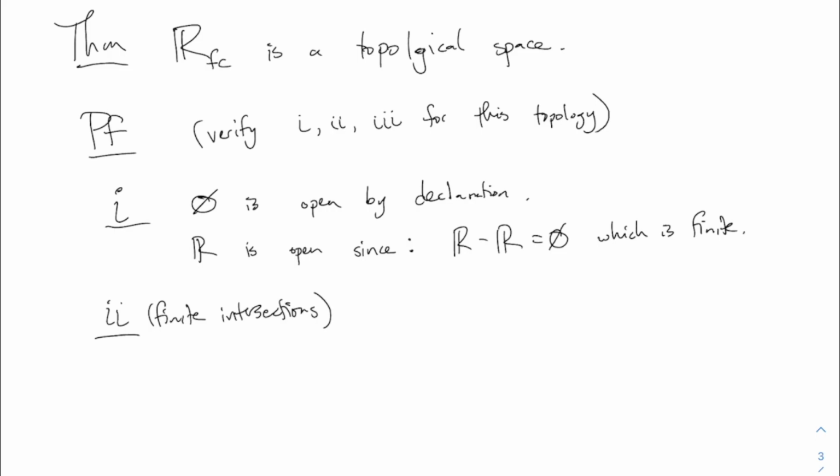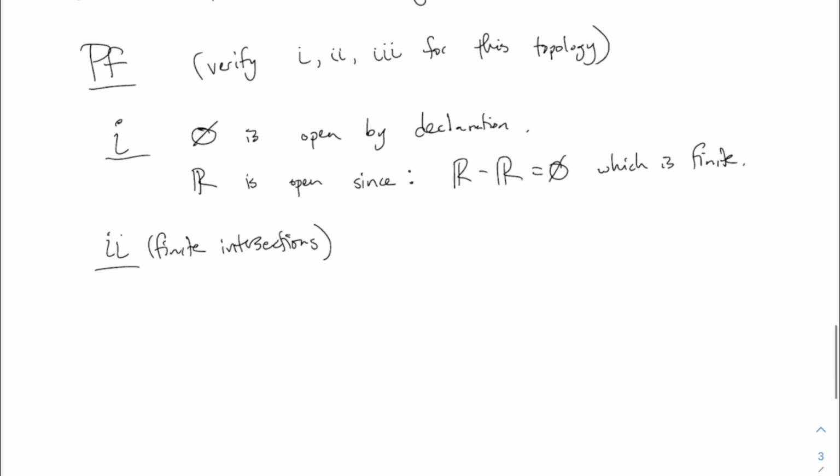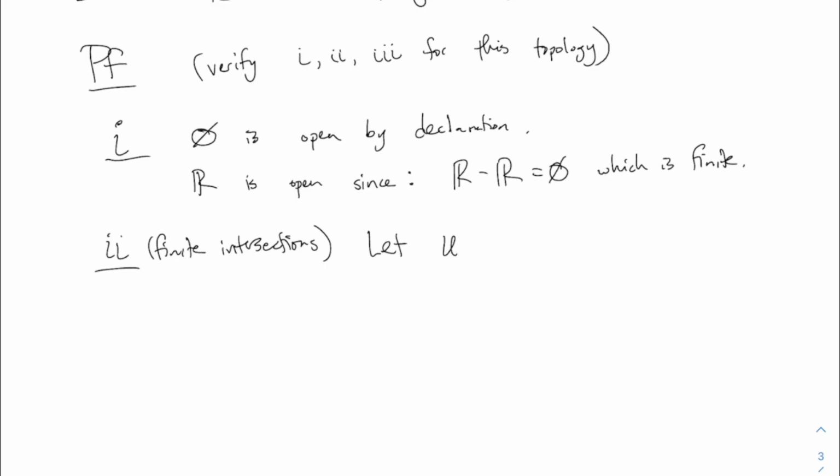So for this one, I need to consider finitely many open sets. So when you are proving something is a topology, you always have the same basic structure. For the finite intersections property, I always begin by saying something like, let U1, U2, etc. to UN be open.